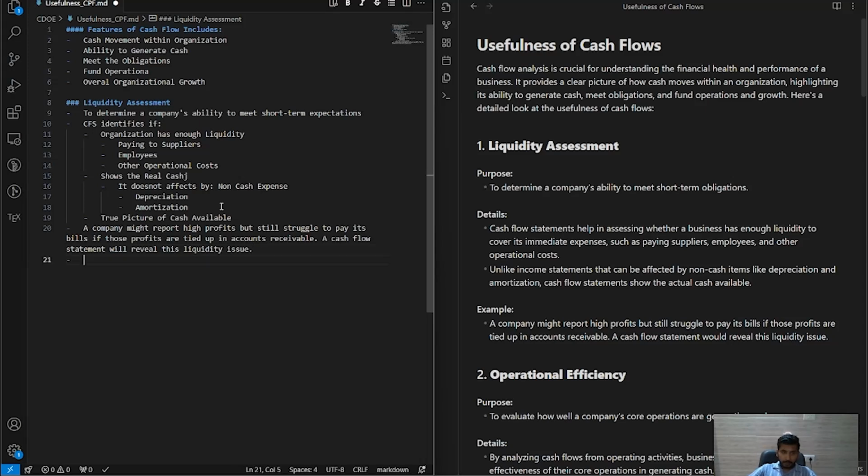Then second comes operational efficiency, meaning to evaluate how well a company's core operations are generating cash. How is it going to do that?